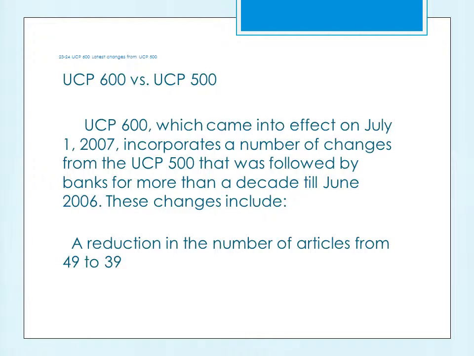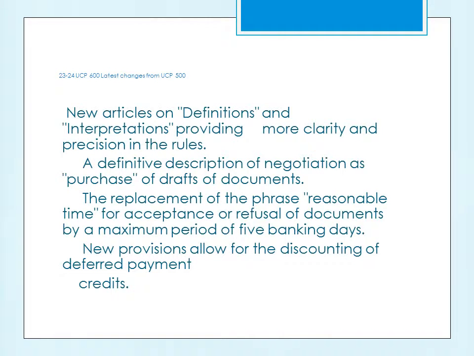These changes include a reduction in the number of articles from 49 to 39, new articles on definitions and interpretations, providing more clarity and precision in the rules, a definitive description of negotiation as purchase of drafts or documents, the replacement of phrase reasonable time for acceptance or refusal of the documents by a maximum period of 5 banking days.